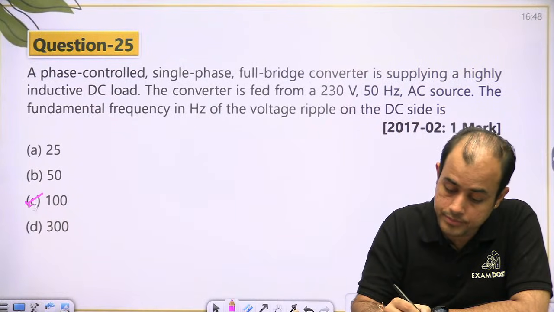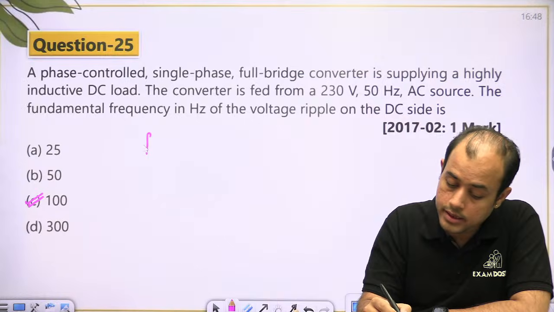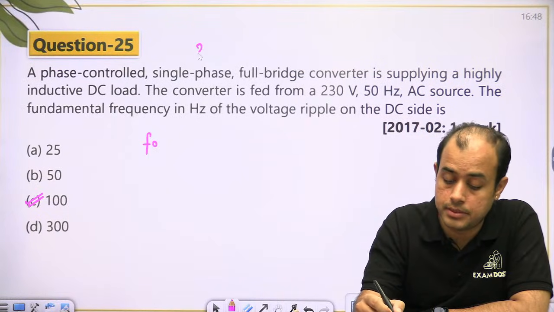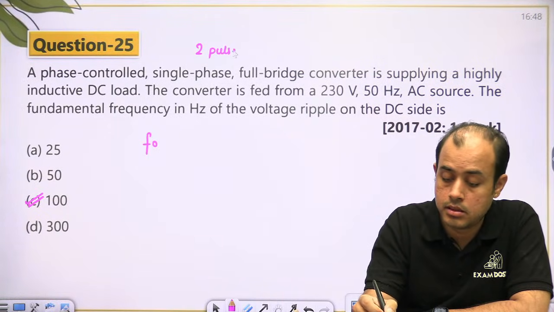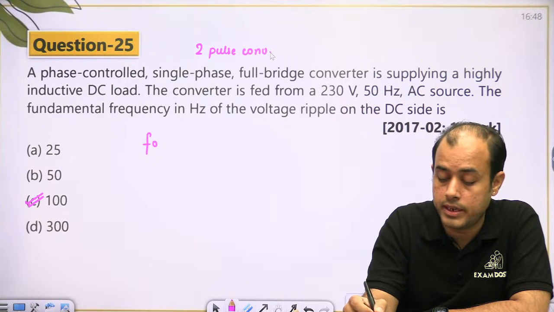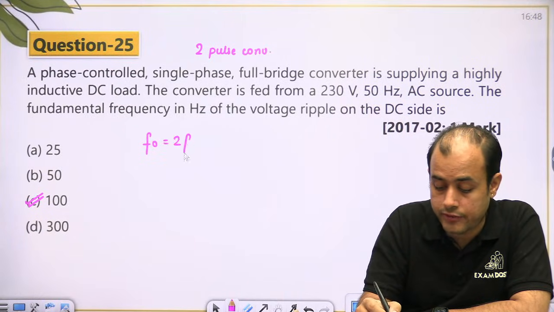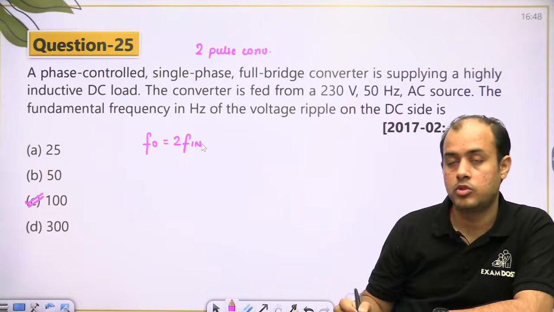The answer is C. Okay. It is a two-pulse converter. Single phase full bridge is two-pulse converter. So F0 is 2F in. So it will be 100.